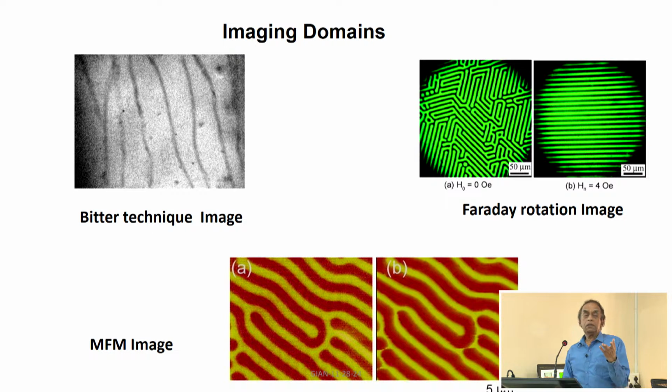You can image the domain structure in the MFM amplitude or phase image, and it's a traditional atomic force microscopy technique, but the probe is sensitive to magnetization. That is what shows up as this domain structure.